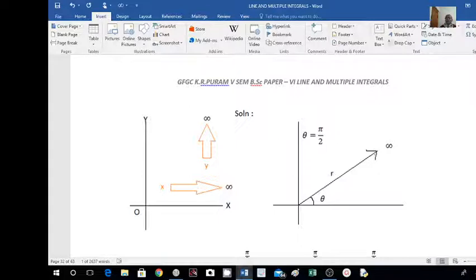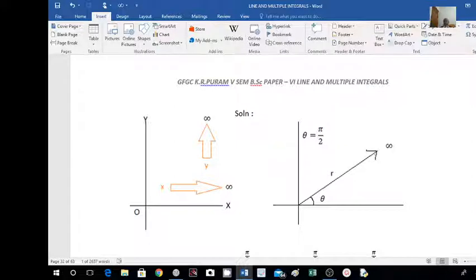What about theta? To cover this whole region in the first quadrant, theta ranges from 0 to pi by 2. So my limits are r from 0 to infinity, theta from 0 to pi by 2.